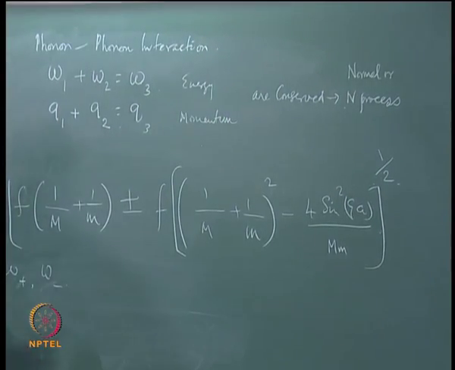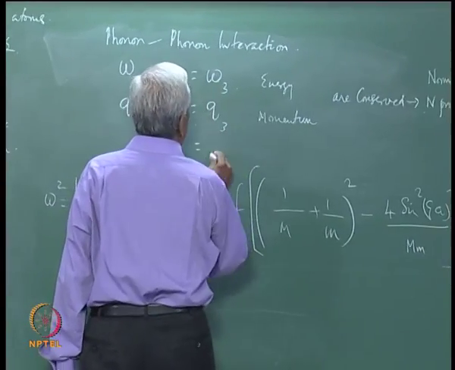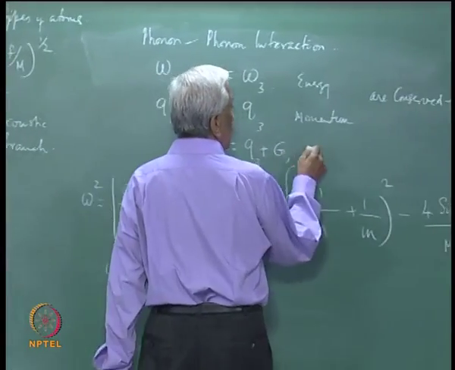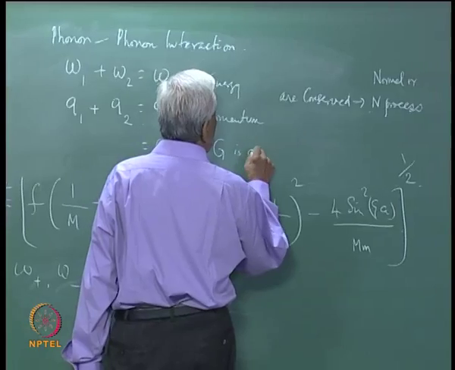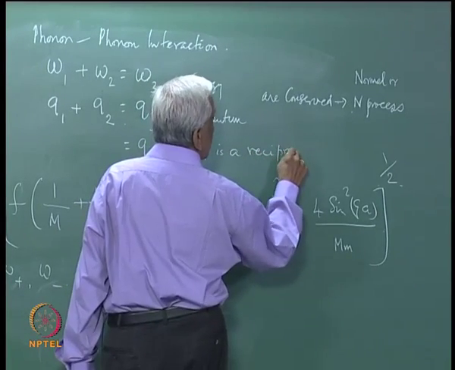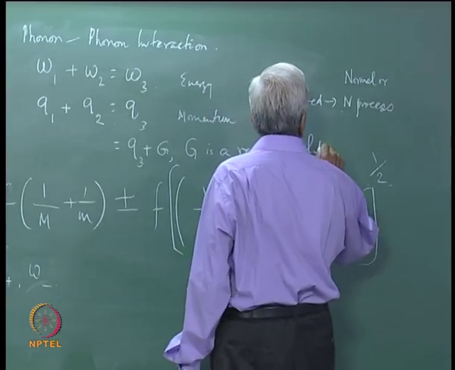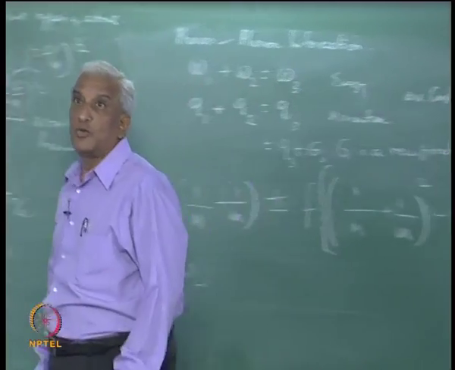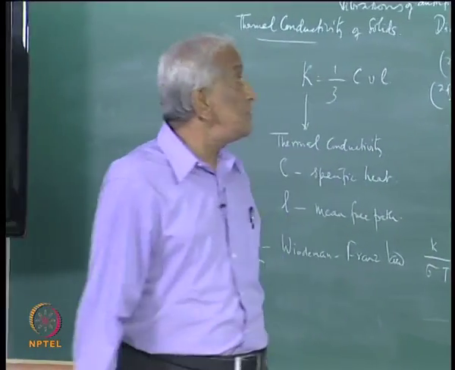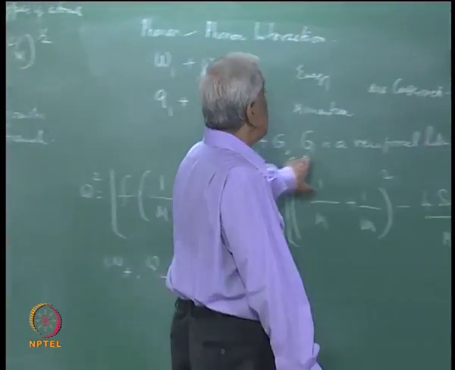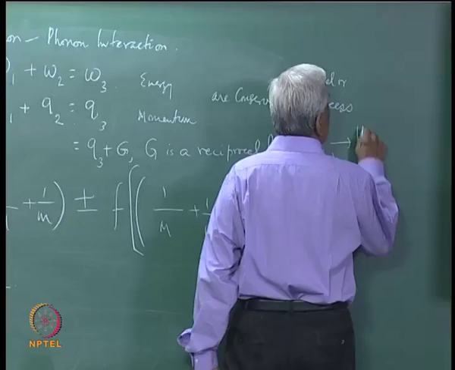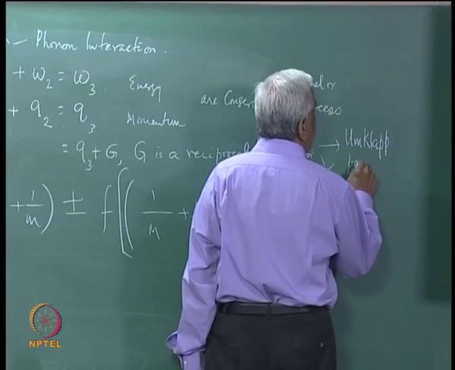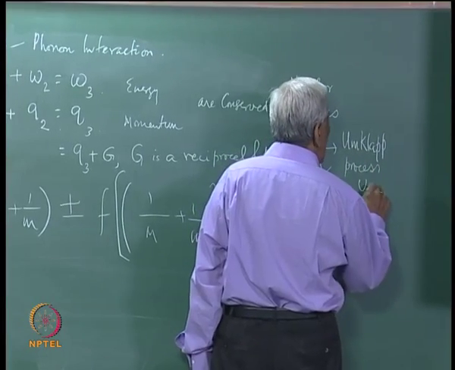You can also have a situation where this is the same, but this becomes q3 plus G, where G is, as we have seen already, a reciprocal lattice vector. q is in reciprocal space, mind you. So, this is also allowed, and this is known as an Umklapp process, known in short as a U process.